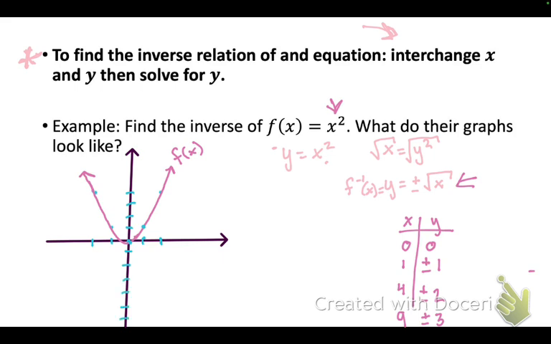Plus or minus 1. That's what it says. When I plug in 4, what did I get? Plus or minus 2.